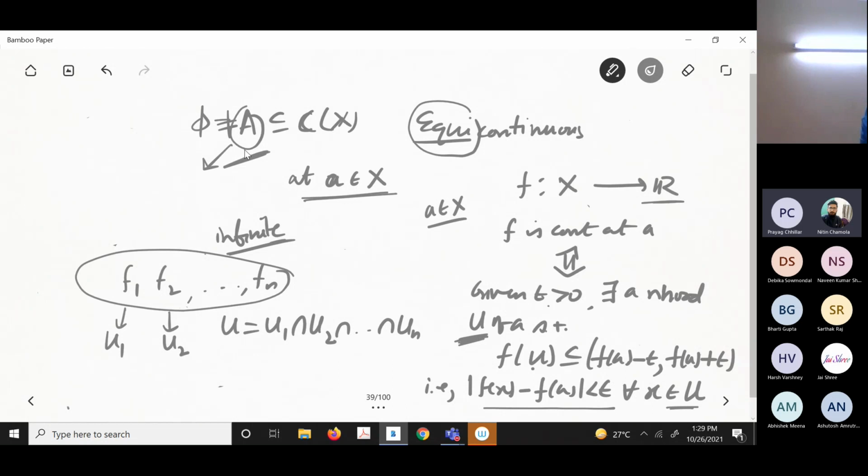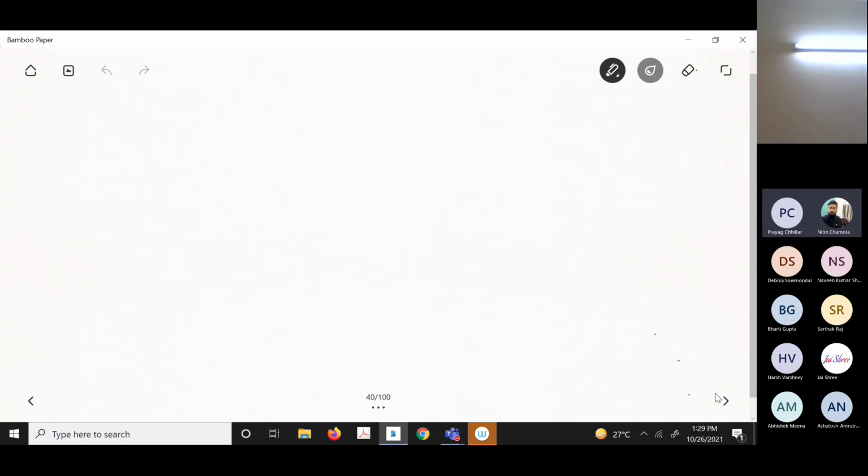A is equicontinuous at A. Okay, A is equicontinuous if a single neighborhood works for all f belongs to A, then we say that A is equicontinuous at A. So let me write what actually I'm saying.